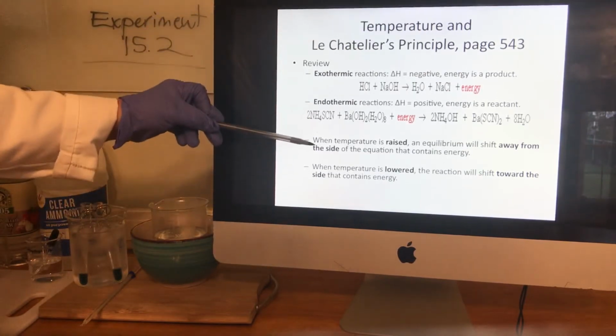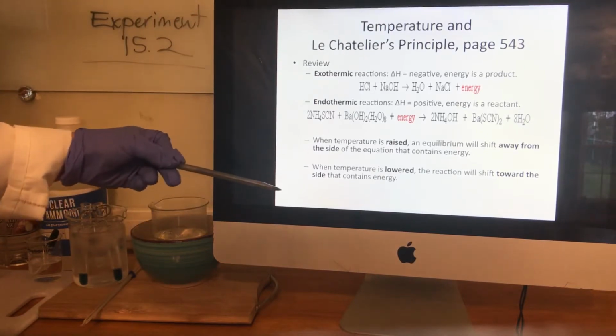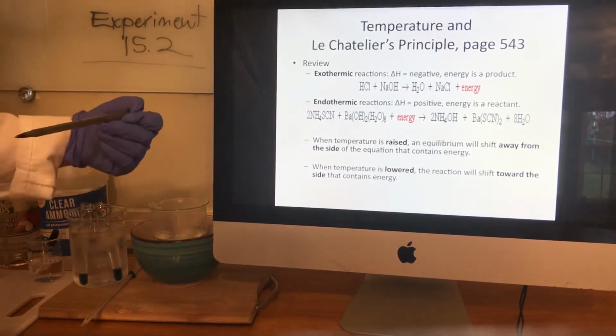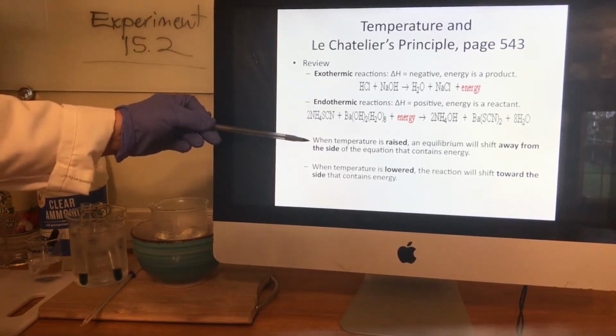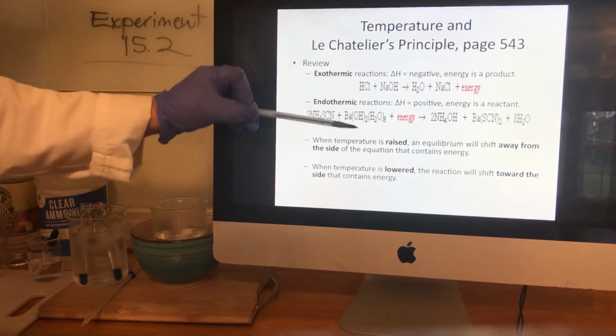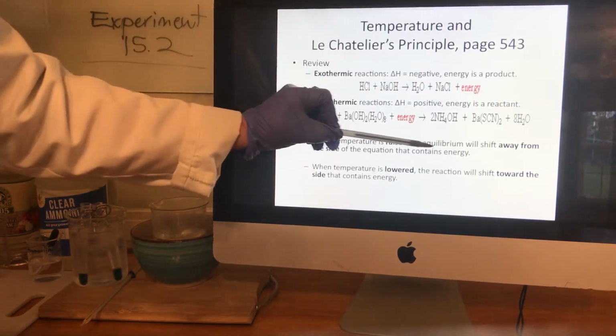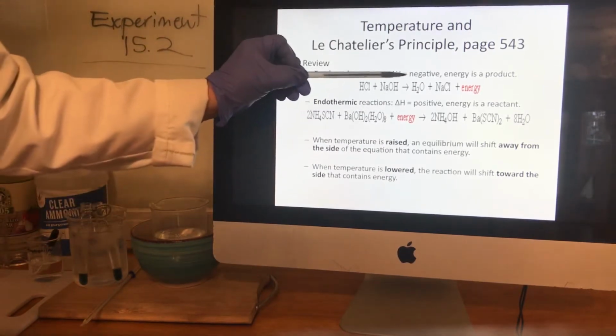But in regard to Le Chatelier's principle, we've seen some patterns, and so we can see this when temperature is raised in a system. The equilibrium will shift away from the side of the equation that contains energy.